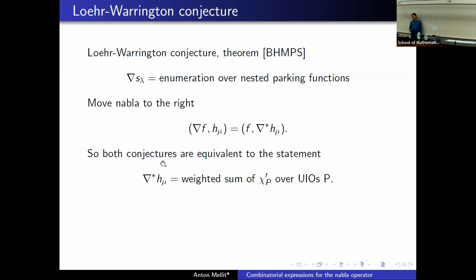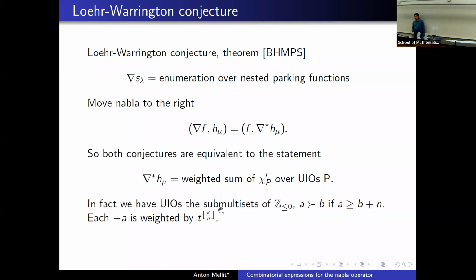They are just equivalent to the statement that this conjugate of nabla applied to the h is a weighted sum of chi p, those new kind of symmetric functions associated to unit interval orders, or some collection of unit interval orders, where you can make it explicit what the unit interval orders are.